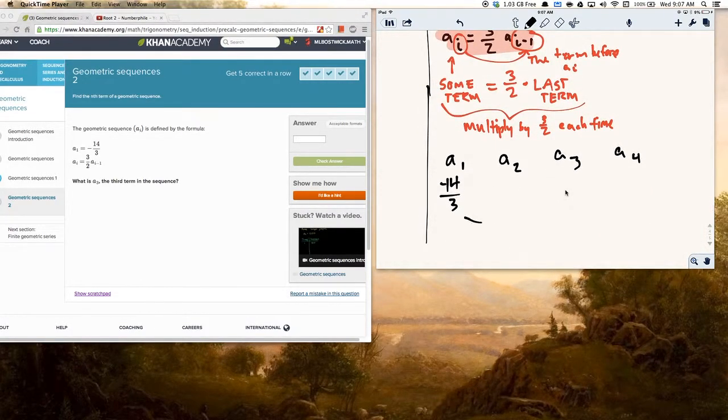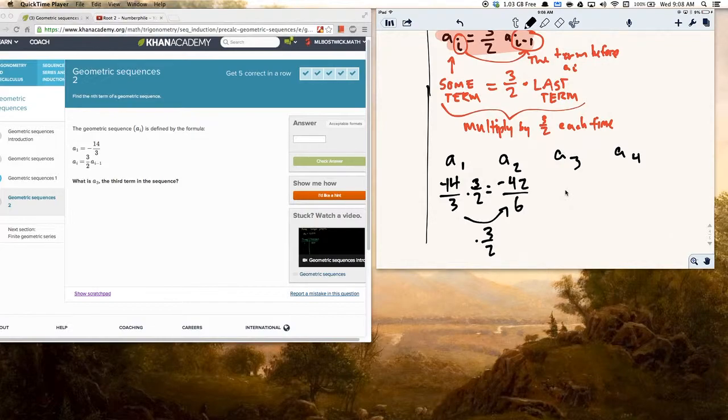Now to find a2, I need to multiply by 3 halves each time. So I'm going to take negative 14 thirds times 3 halves, and that's going to give me negative 14 times 3 is negative 42, and 3 times 2 is 6.